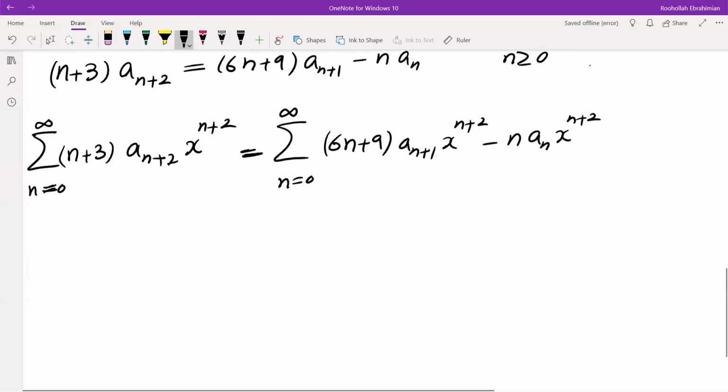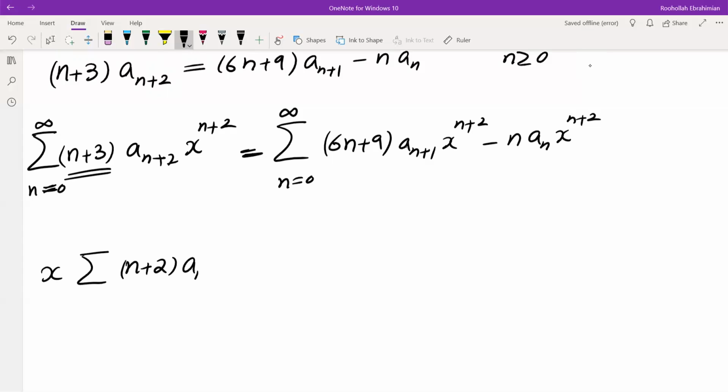Okay, so far it seems we may be on the right track, but we'll have to see. If I had n plus 2 rather than n plus 3, then I could write it down as a derivative. So let's factor an x from here and write it as n plus 2, a n plus 2, x to the power of n plus 1, n equals 0 to infinity.